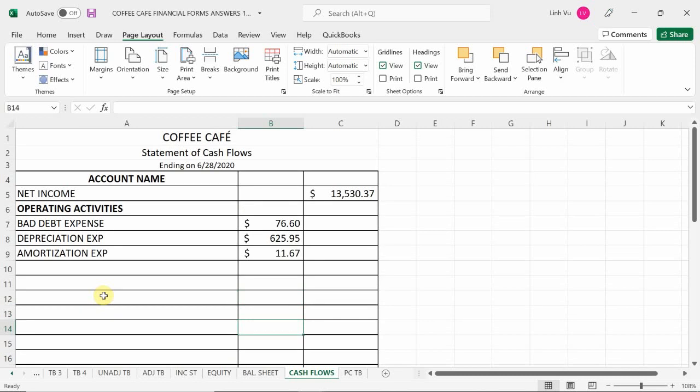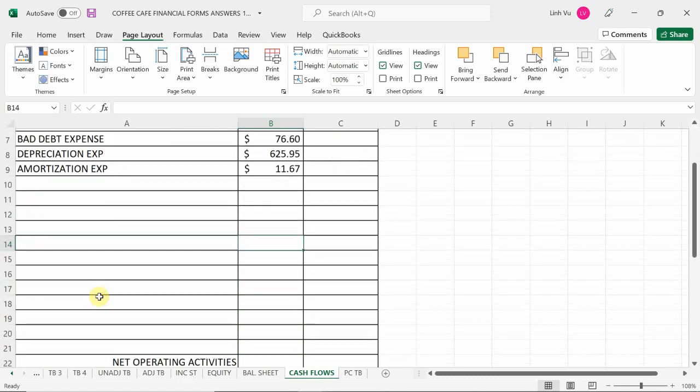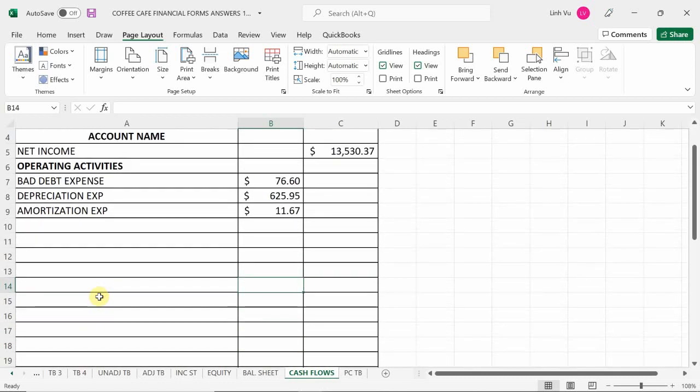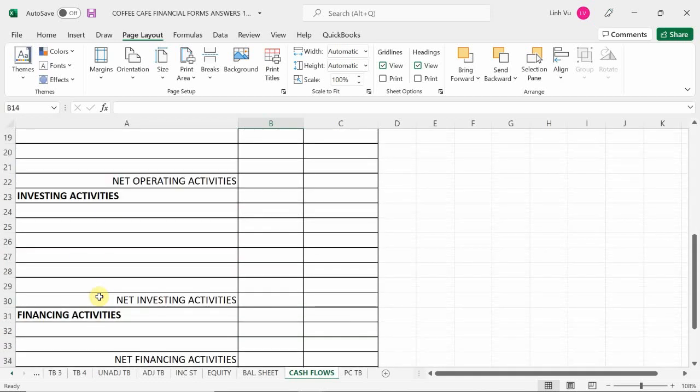Number 1, operating activities, which is going to be your current assets, your other assets, and also your current liabilities, because those were the ones that we needed to use in order to operate our business. Hence, operating activities.